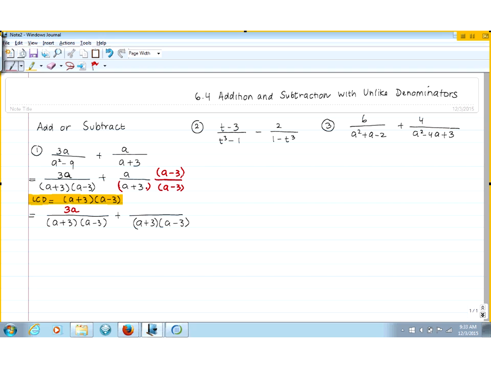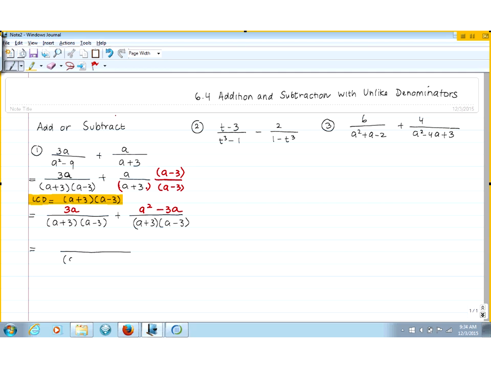Yes. So now, if I multiply the top by a minus 3, what do I have? A squared minus 3a. Now it's easy. Why?